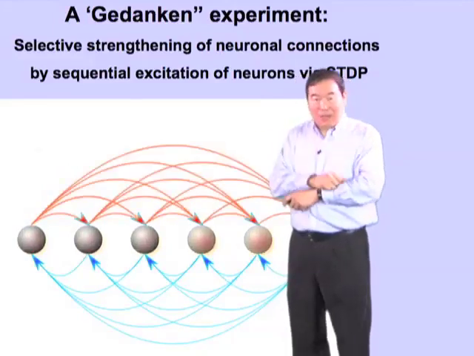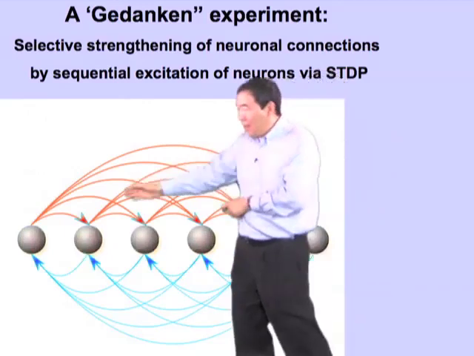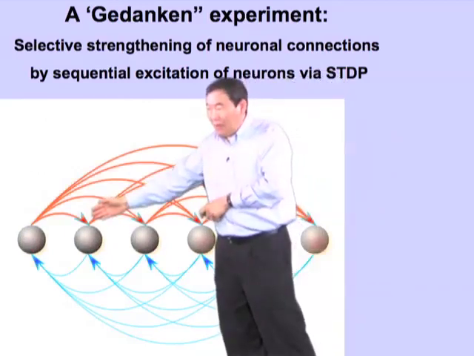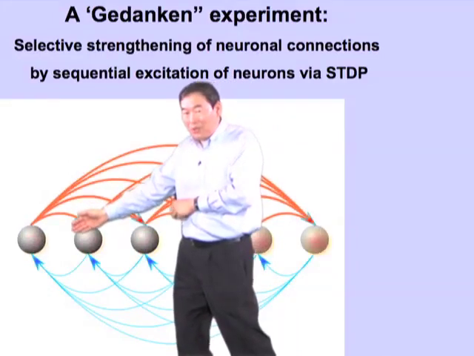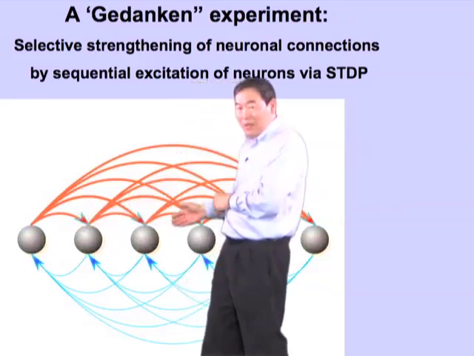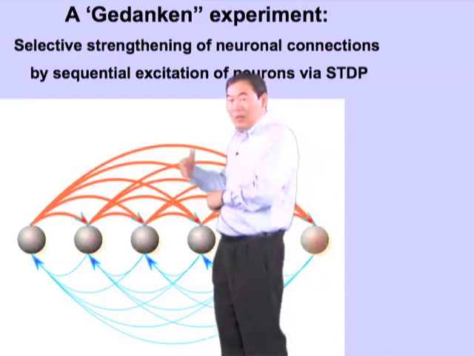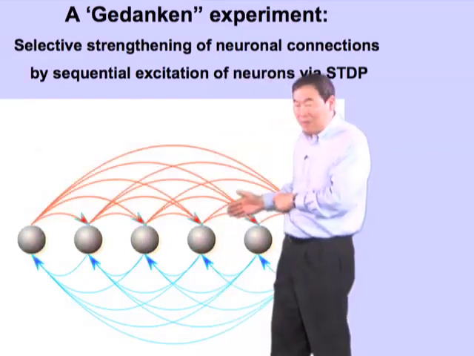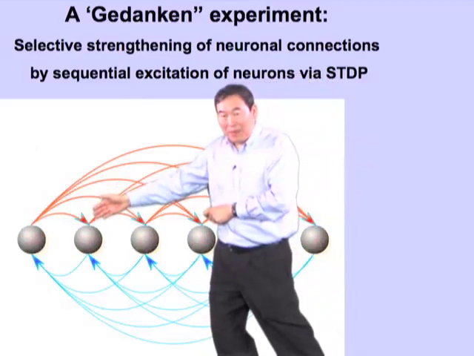So after the training, one would expect that if one now excites a cell, for example, the first cell in this sequence, it will be much easier for the cell to fire a sequence of firing along this same sequence of training. It will trigger sequential spiking if we initiate it from the left side.